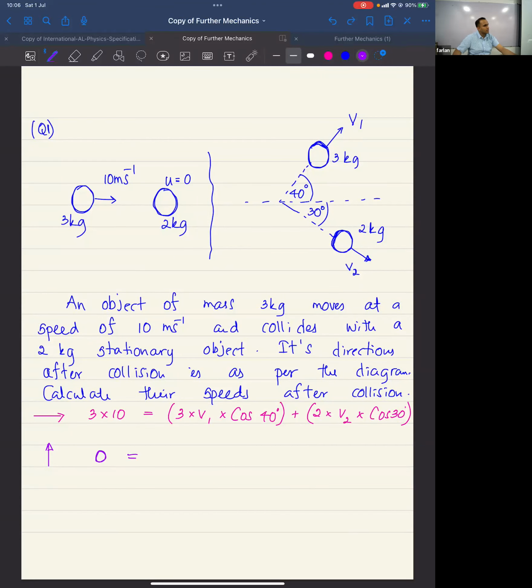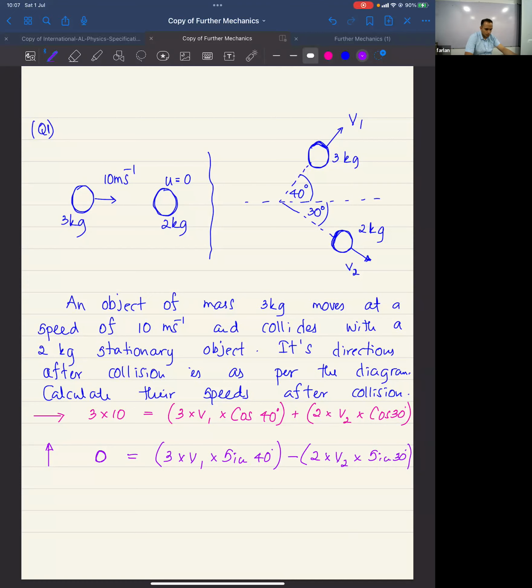Can someone tell me what the final momentum is? 3 into v1 into sin 40. Very good. Minus 2 kg, yes, v2, yes, sin 30. Excellent. Can you also tell me why it was minus? Because it's going in the other direction.